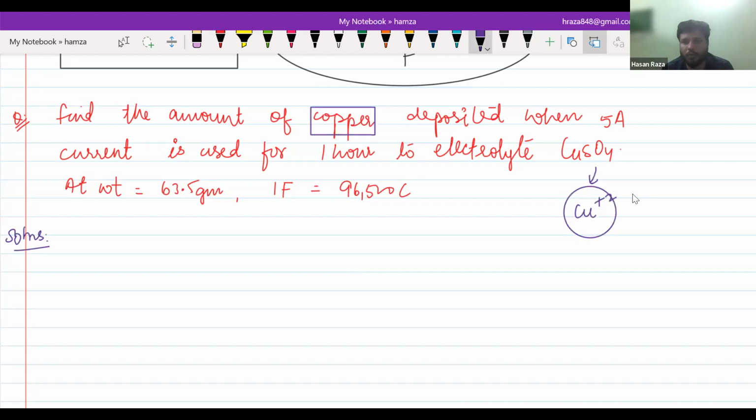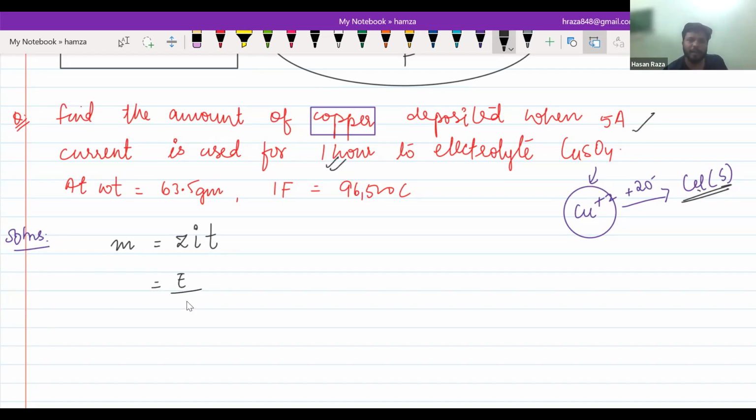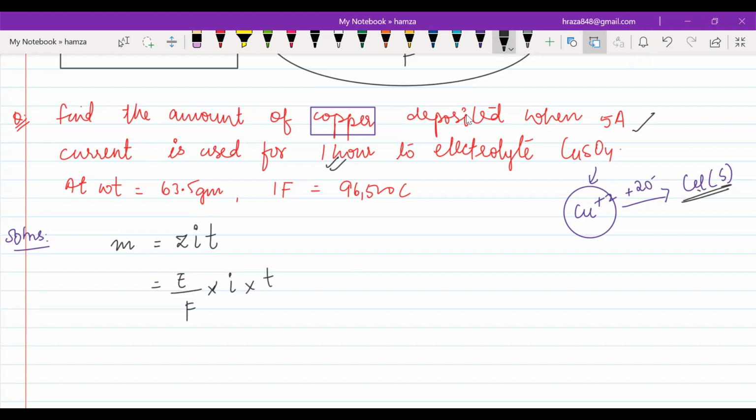So Cu plus 2 will gain 2 electron and it will be Cu in solid. So we need to calculate the mass of copper. So we had a formula, M is equal to Z IT. Why I took IT instead of Q? Because current is also given and time is also given, that's why. Now Z has also a formula, E upon F into I into T. Yes or no? Hamza? Yes, sir.